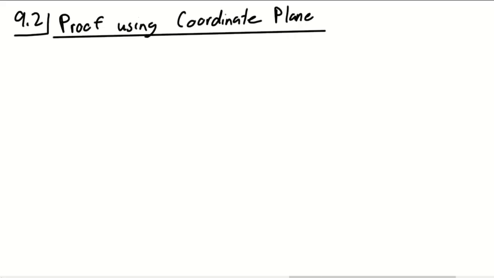Okay, we're gonna pause this for a second. We're gonna keep going. So we're proving using the coordinate plane. Can anyone remember the trapezoid mid-segment theorem? Do we all know what a trapezoid looks like?